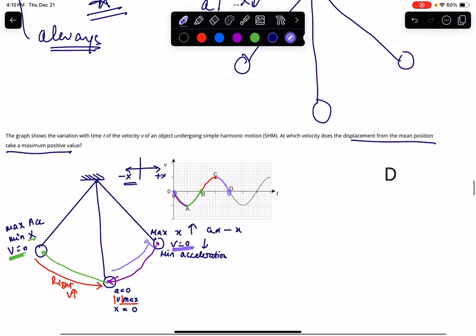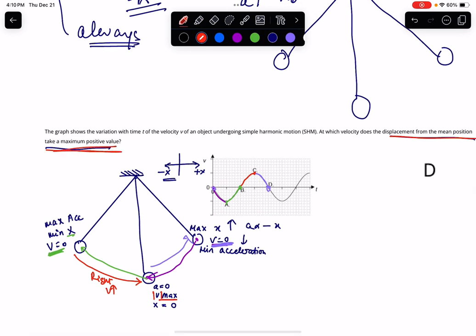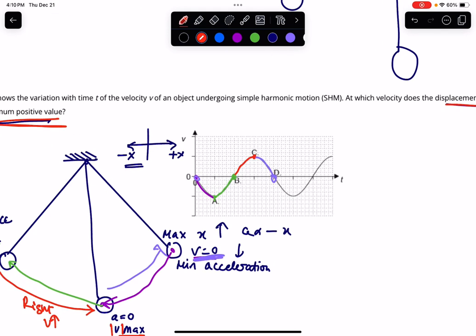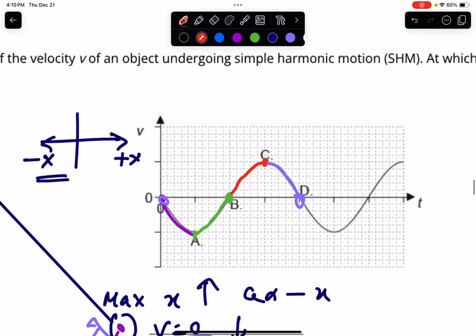And they're asking at which time does the displacement from mean position take a maximum positive value. So we know that in this graph, you have maximum positive value at time equal to 0, or at this time is equal to D. Actually, yes, at 0.